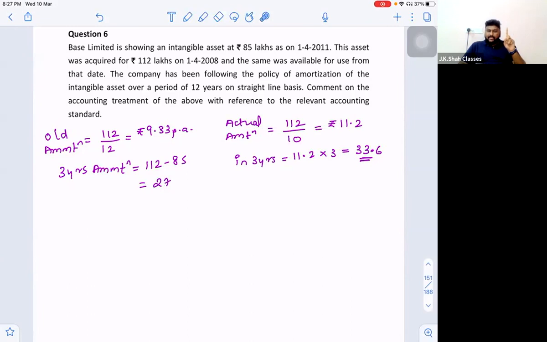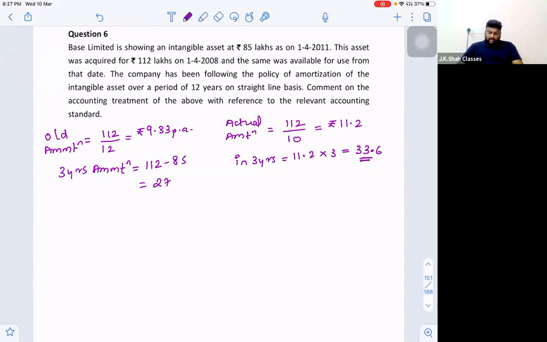But actually, it should have been charged as per 10 years. So this should have been the actual amortization. That is 112 divided by 10 years, which means it should have been 11.2 per annum. Right? So in 3 years, the company should have charged 33.6 as amortization.